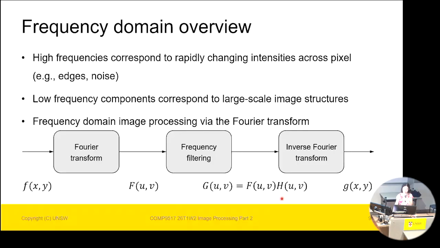So even if you have a very big kernel, you still do the same number of multiplications. So it can be a bit faster in the frequency domain. The only overhead is that initially you need to compute the Fourier transform, but with a larger kernel, typically it's worth it. It's quicker this way.